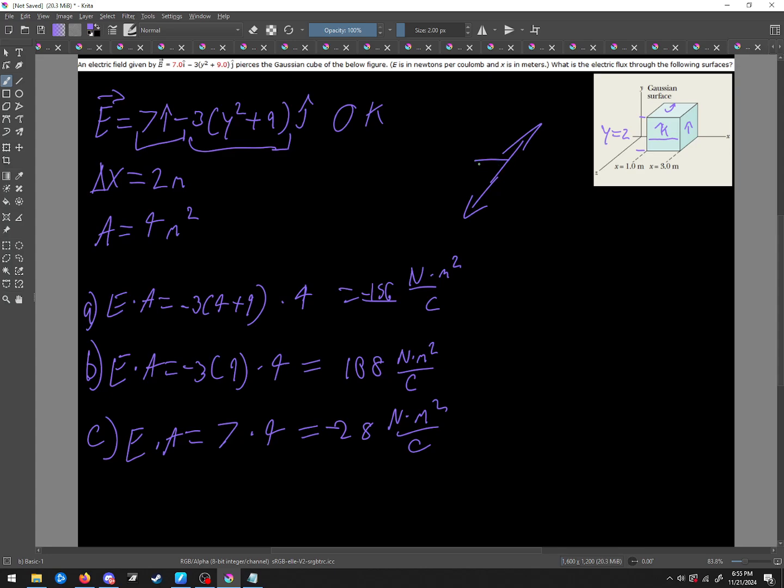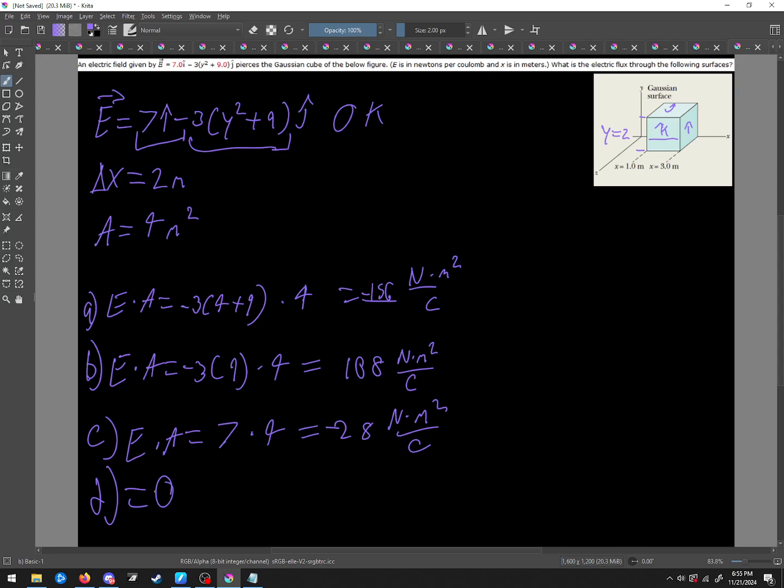If this plane here was in x, y, and z, the direction through this would be the k direction, and there's actually nothing passing it. X direction is going to be parallel to it, and y is going to be parallel to it, so it would be 0. Big ol' 0.